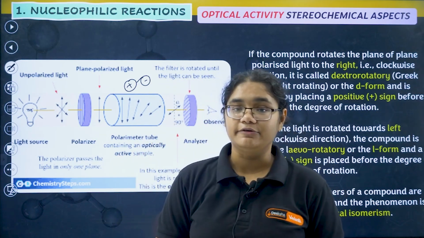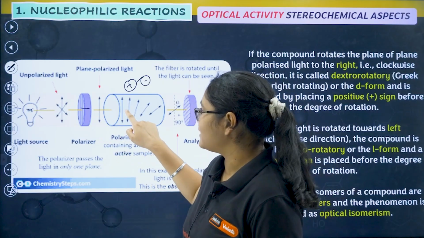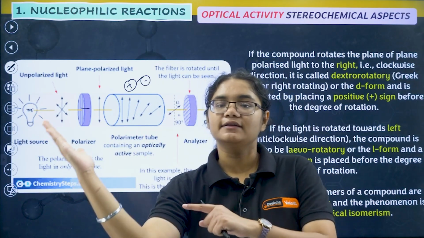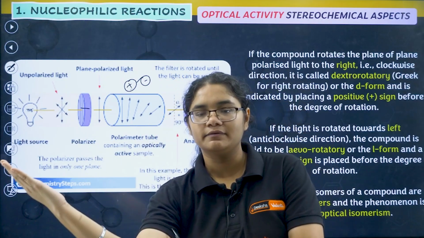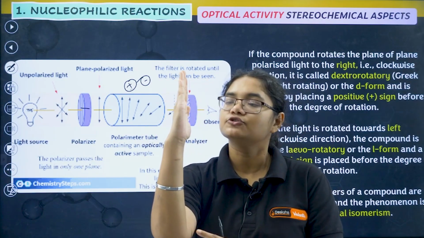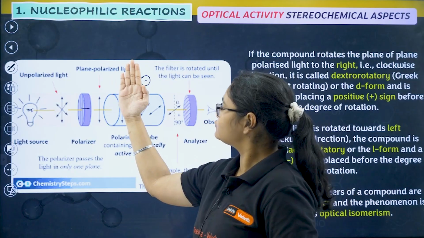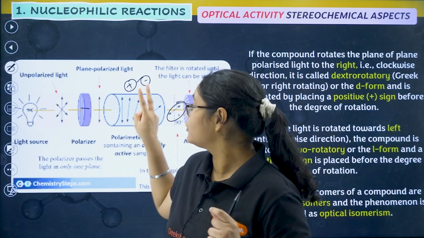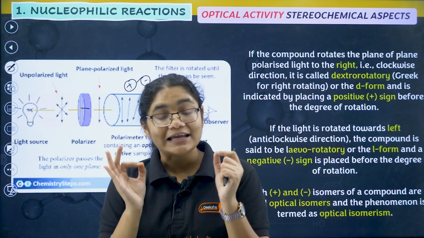So what will be the net result? Suppose the light is passing. The plus one rotates it to some angle, then the minus one will rotate it back, again the plus one rotates here, the minus one rotates back. So the light will remain as it is while passing through; it will not be tilted, because both the groups are present in equal amount.